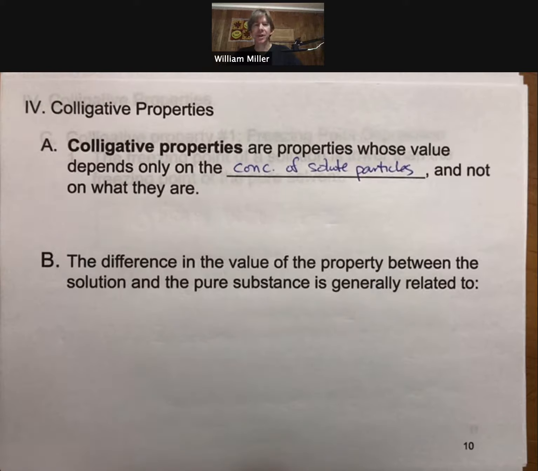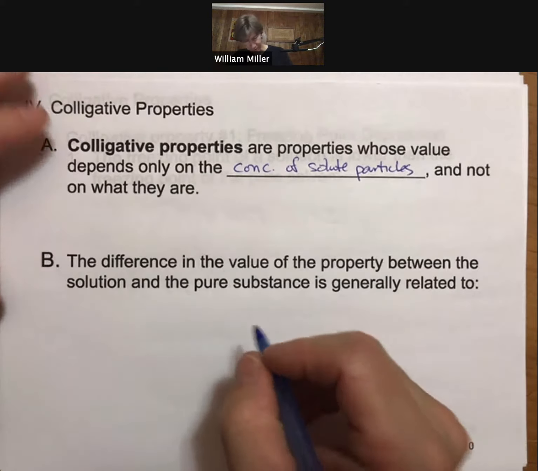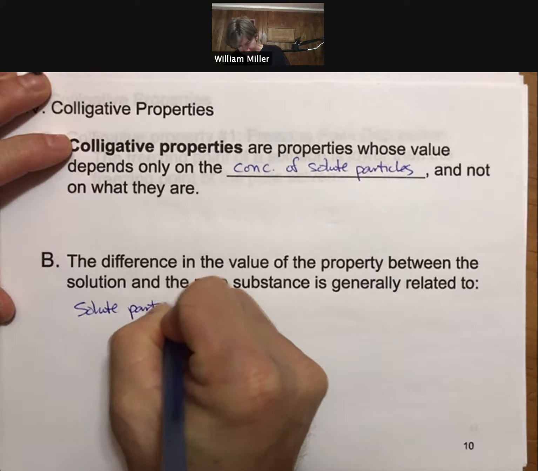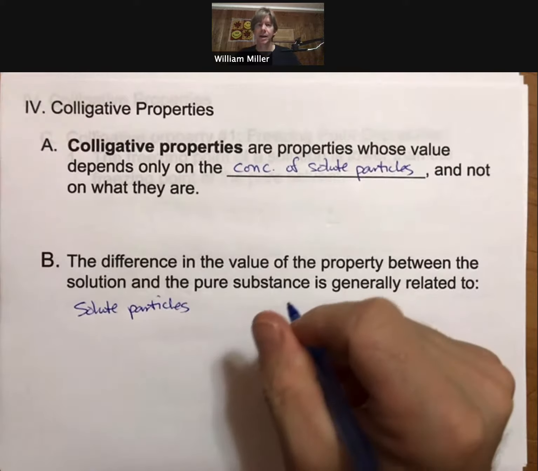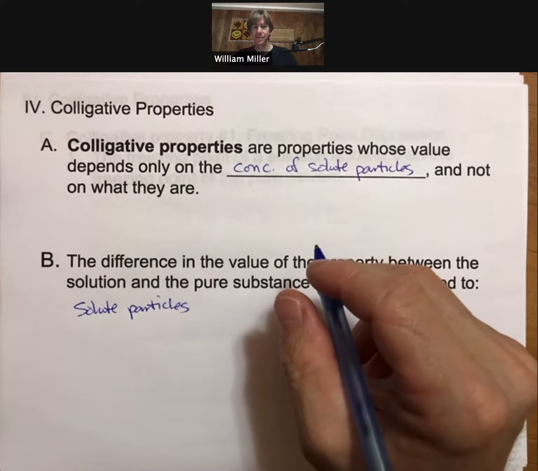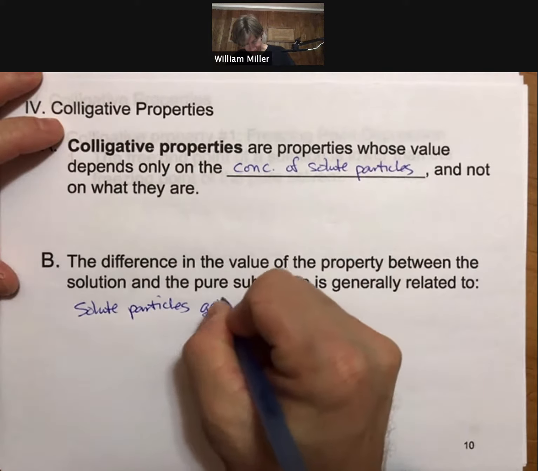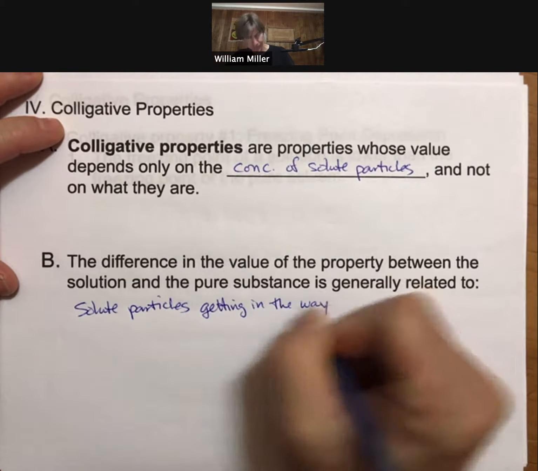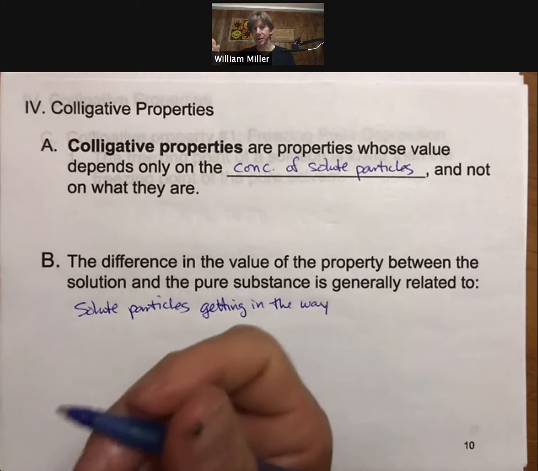And the difference in the value of the property between the solution and the pure substance is generally related to solute particles getting in the way of a couple things, as we'll see.